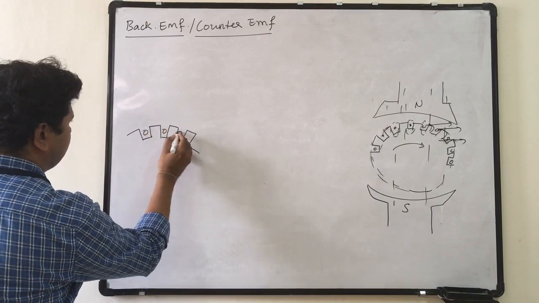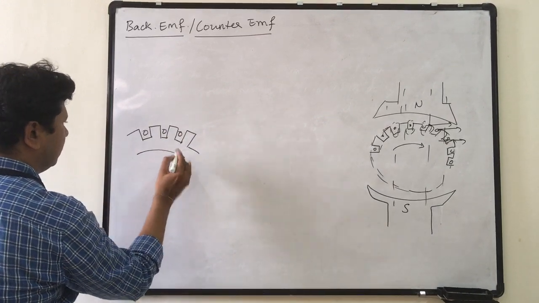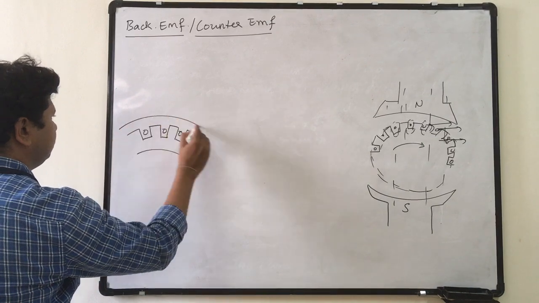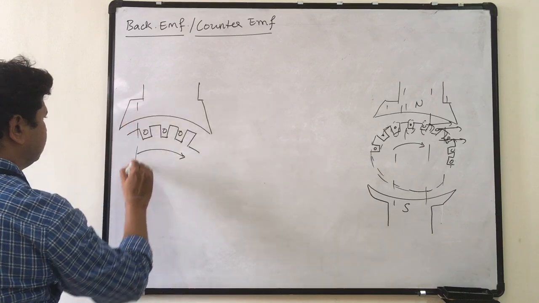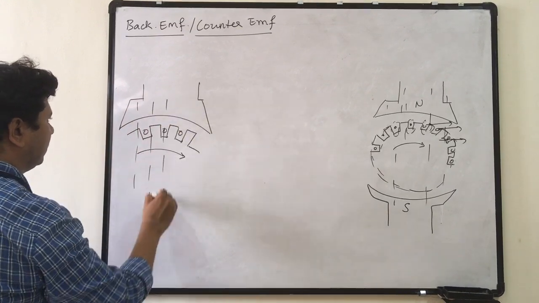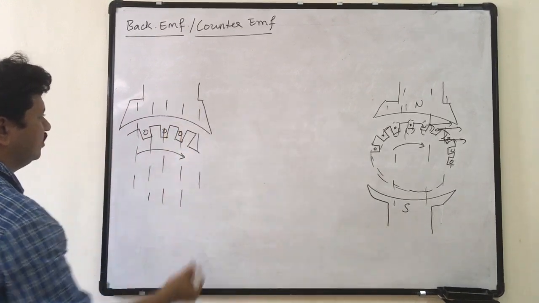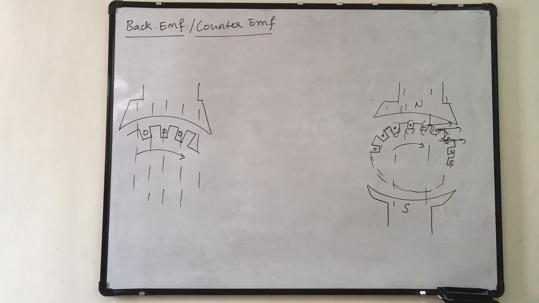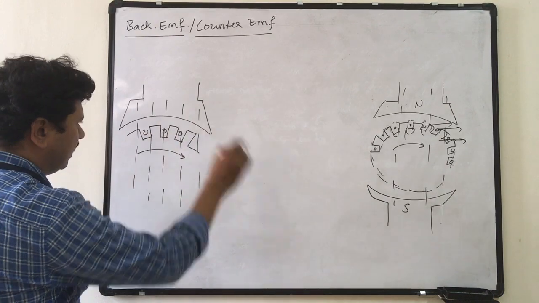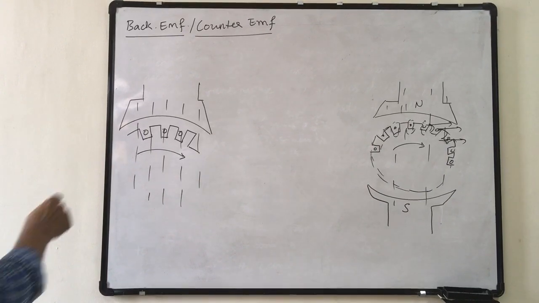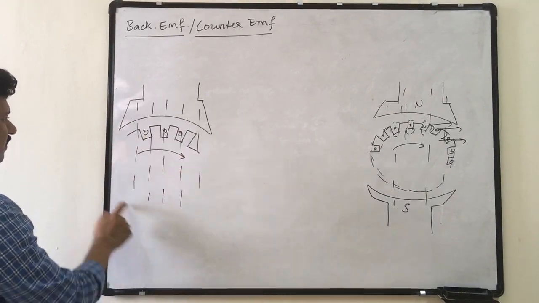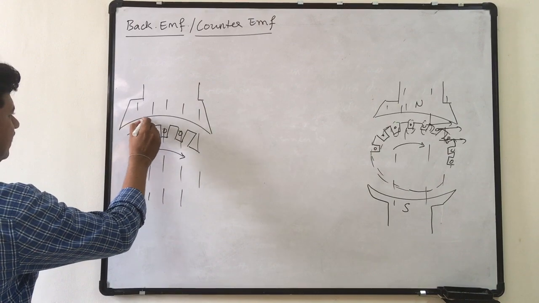Now I have these conductors which are rotating. This is the main magnetic field flux phi produced by each pole when we supply the field winding. Observe, when these conductors are rotating in the motor, they are continuously cutting the main flux phi.